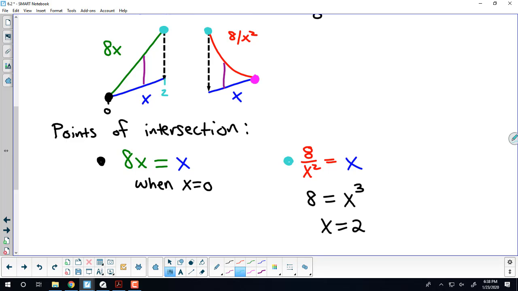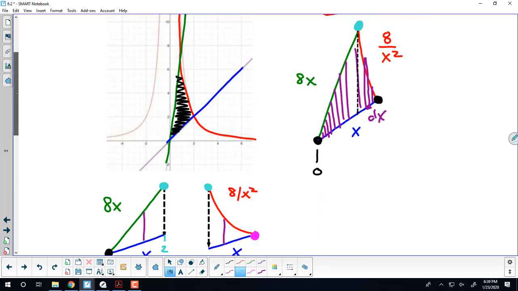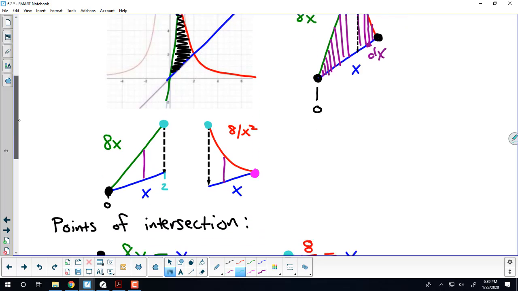Did you say when it is equal to 8x? I think you did the other one. Sorry, what? That one you go over there, this one? For the intersection, isn't that the far right one you just did on that one? Yeah, I think so. Yeah, when the red intersects the blue, when 8 over x squared, so that one's an x value of 2, my bad.